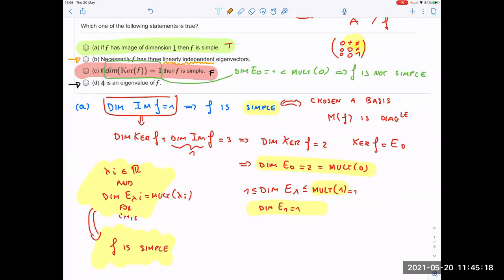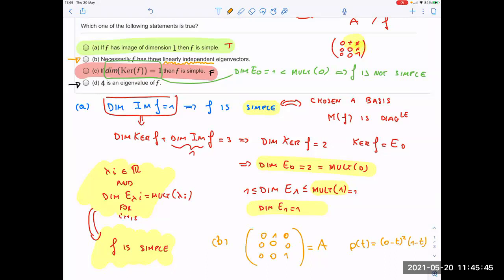Well, the problem could be, for example, for option B, if you have a matrix like this, a very simple one, right? This matrix A has characteristic polynomial (0 minus t) squared times (1 minus t).